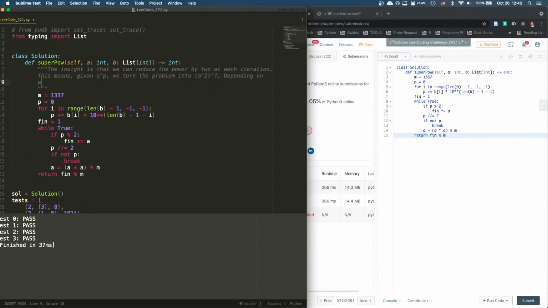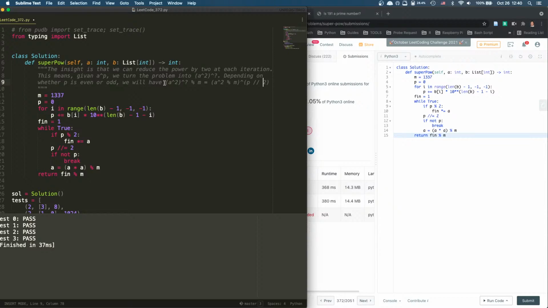depending on whether p is even or odd, we will have a squared mod m equals a squared mod m to the p divided by 2.